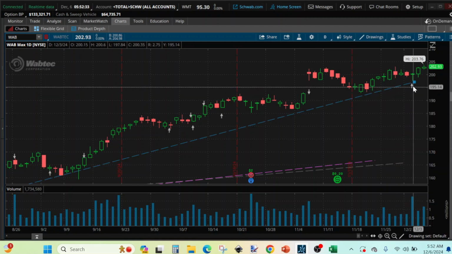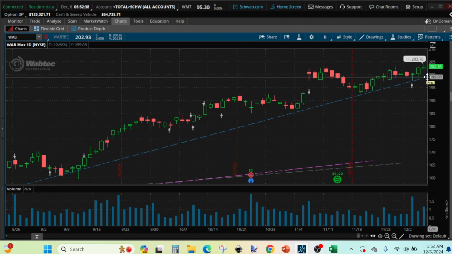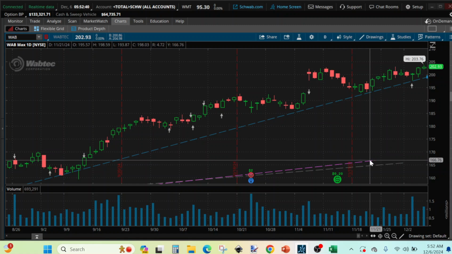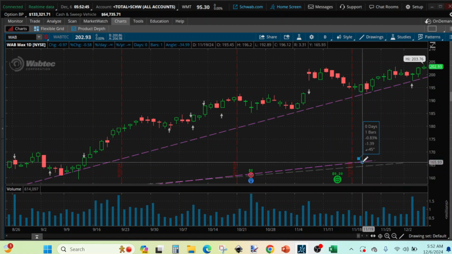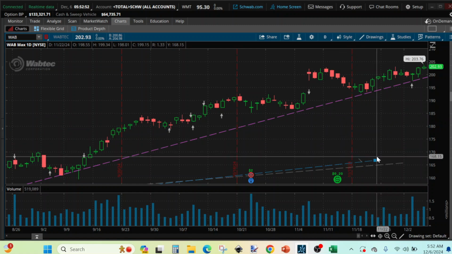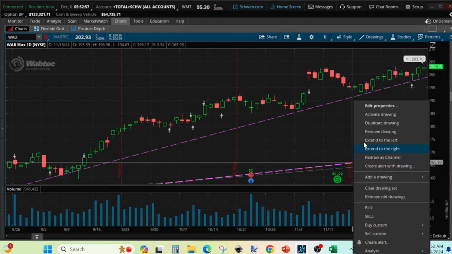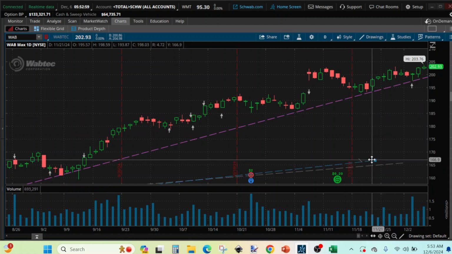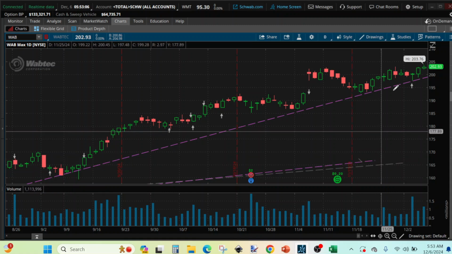And we need to have an exit plan. And we have this line that we will keep extending as well. Okay, but anyway, we'll keep extending those two lines.